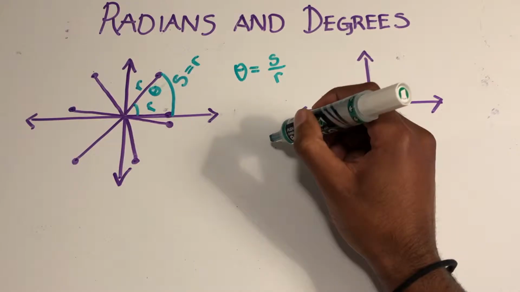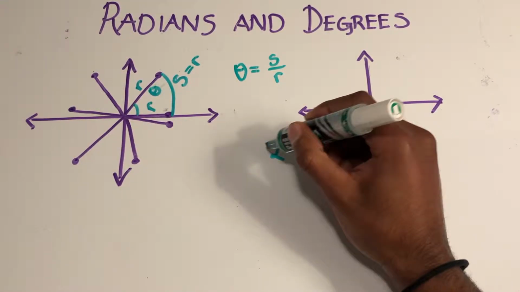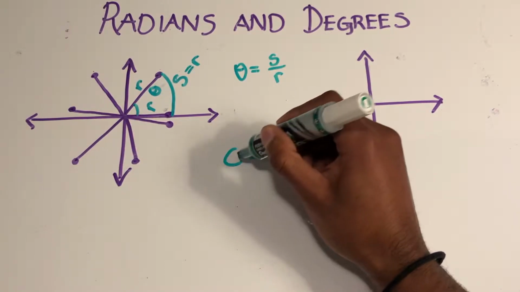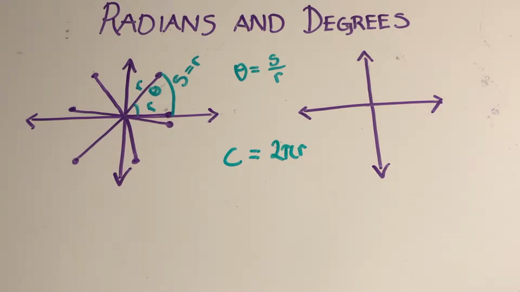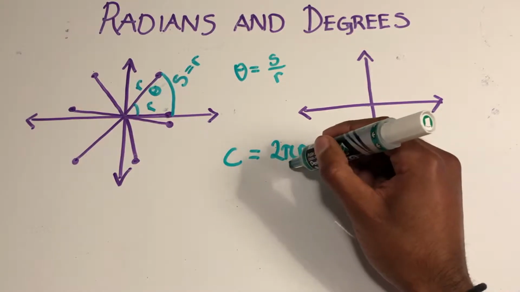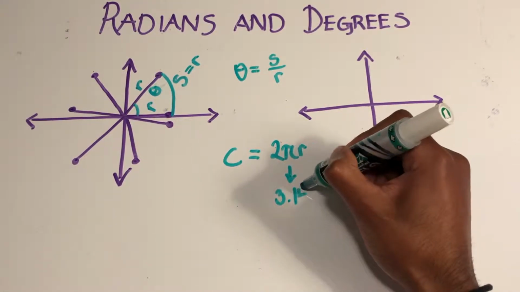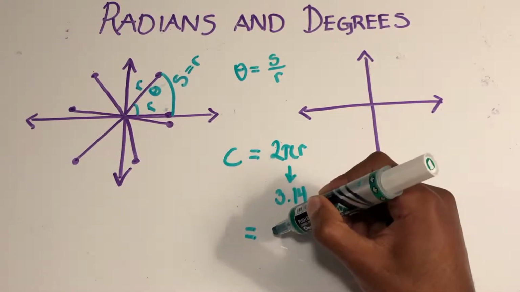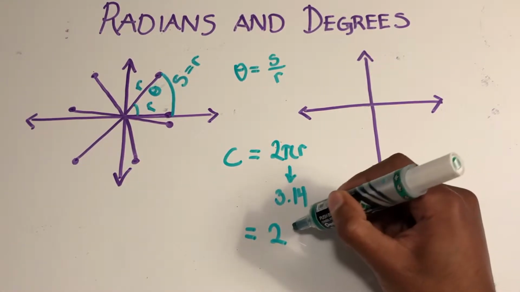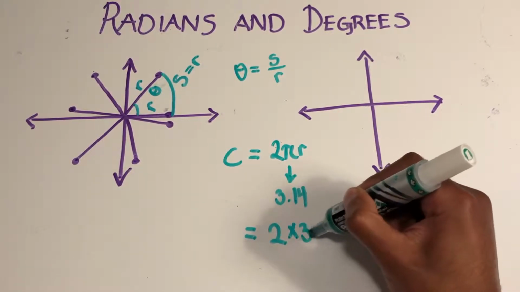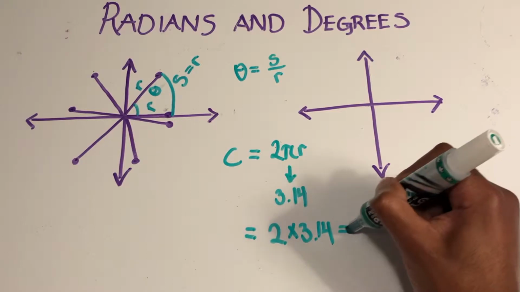We know that the circumference of a circle is given by 2 pi r. Now we know that pi is roughly around 3.14. So one revolution around the circle would give you 2 times 3.14, which is roughly 6.28.